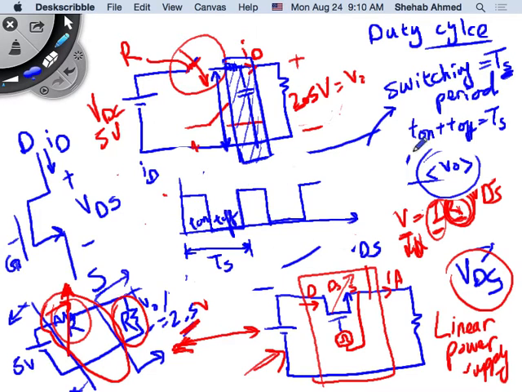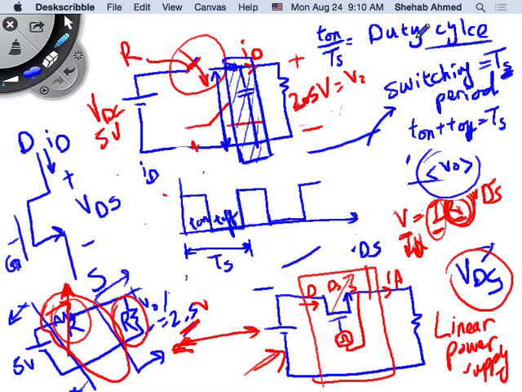The duty ratio is typically given as a percentage, equal to T on over TS, or T off over TS if I'm looking at the off-time duty cycle. Is this ever going to be greater than 1? Never. So T on and T off over TS will always be less than 1.